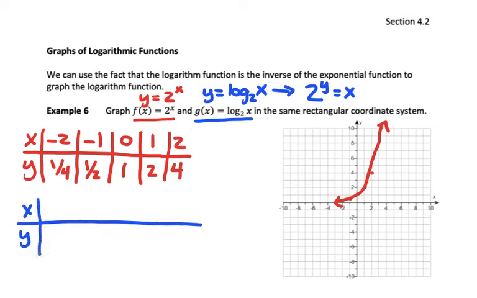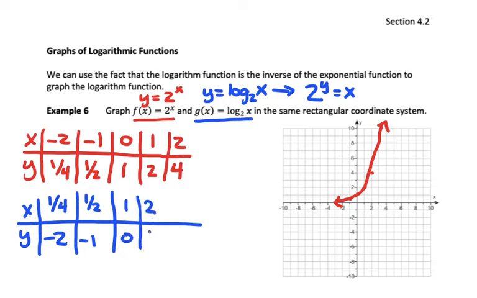So that's what I'm going to do. Now when I plot these points, the graph is going to look like this.